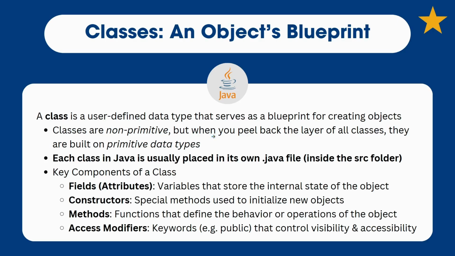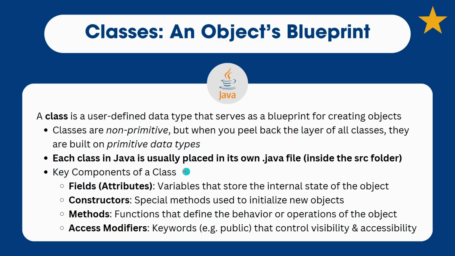Because a package is a group of classes. You can add additional categories or organizations, right? Structures. But for our class, we're just going to throw all the classes in the source folder. And each class is going to have its own .java file. You don't have to do this. You could have multiple classes in one .java file. There are certain reasons you might do that, but we're not going to cover that in this class.